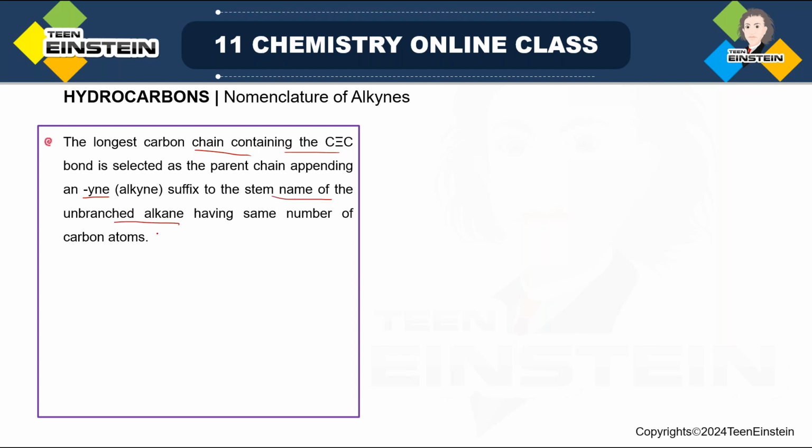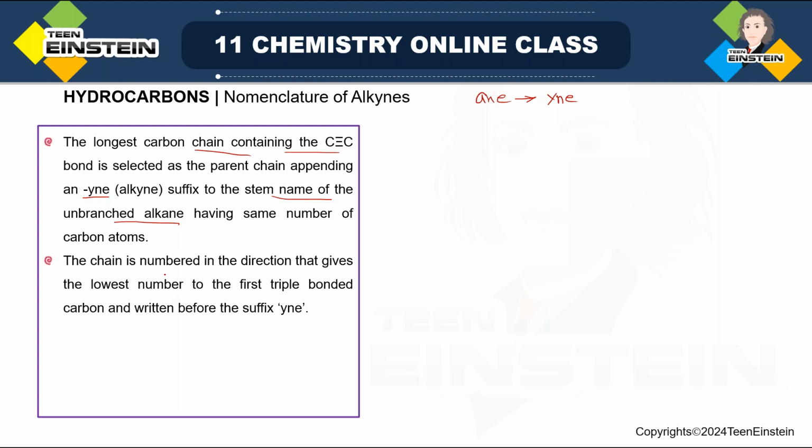Stem name means, suppose it is a 3-carbon alkyne, we call it propyne. The corresponding alkane is propane, so this last ANE will be changed to YNE. The chain is numbered in the direction that gives the lowest number to the first triple bonded carbon, written before the suffix YNE.